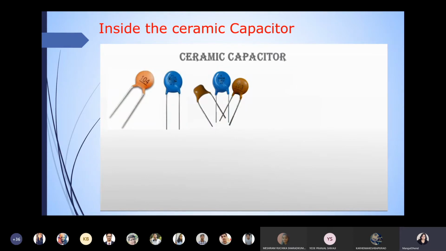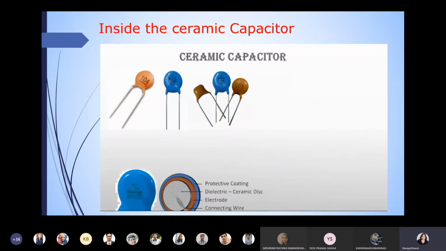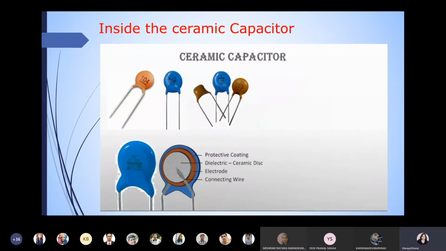The ceramic capacitor has two terminals, and it is non-polarized capacitor, means there is no any difference between the positive and negative terminal. Look here inside the ceramic capacitor. The outer coat is protecting the inner side of the capacitor. This one is the electrode, and the upper one is this is the dielectric ceramic disc. Therefore, it is called a ceramic capacitor.